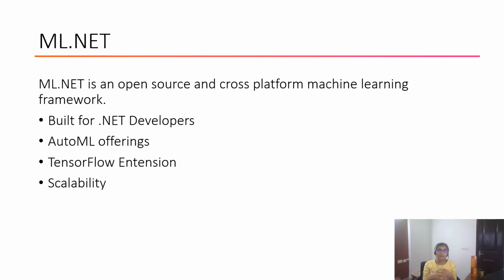ML.NET offers AutoML and productive tools to help you easily build, train, and deploy high-quality custom models. It allows you to leverage other popular libraries like Infer.NET, TensorFlow, or ONNX for additional ML scenarios.